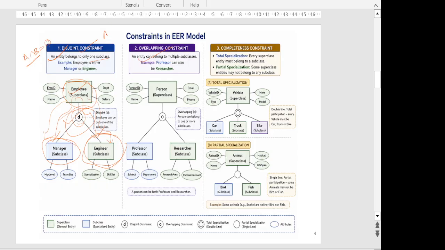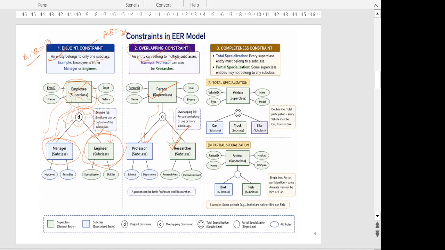Next, the overlapping constraint. What is the overlapping constraint? If I write A union B, we get some elements X present in both set A and set B. That is the overlapping constraint. Now in the same example, Person is a superclass, and a person may be a professor and may also be a researcher. That's why it is an overlapping constraint.